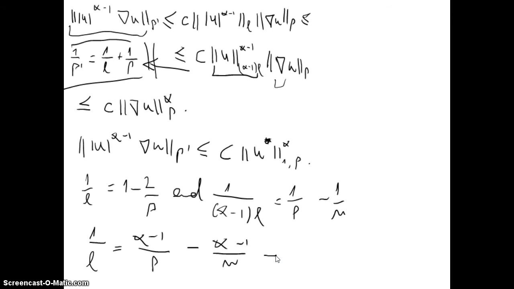So then we've got that (alpha plus 1) over rho is equal to (n plus alpha minus 1) over n. We'll have this in mind, okay?